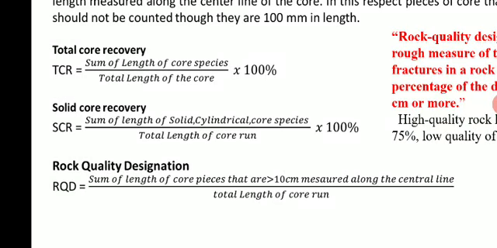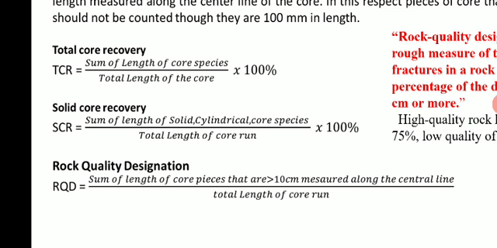There are a few formulas here. There are three formulas which give you the total core recovery, solid core recovery, and rock quality designation, that is RQD. What is total core recovery, that is TCR?